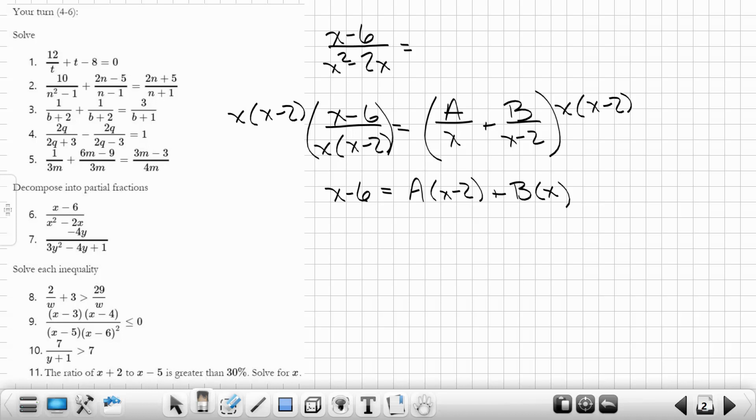So now I want to cancel out a, so I'll let x equal 2. So I get 2 minus 6 equals, this cancels a, so I'm just going to write b times 2. Negative 4 equals 2b. B is negative 2.